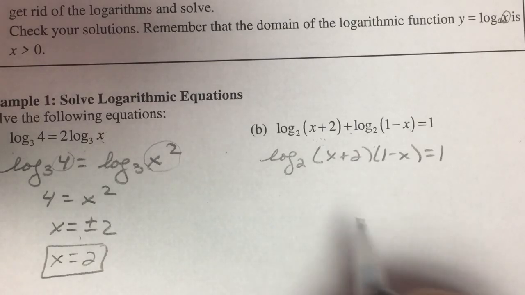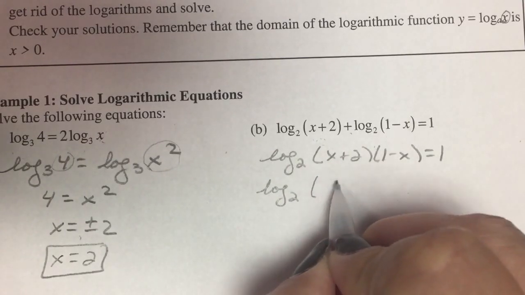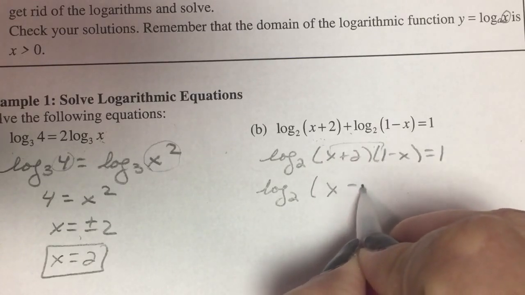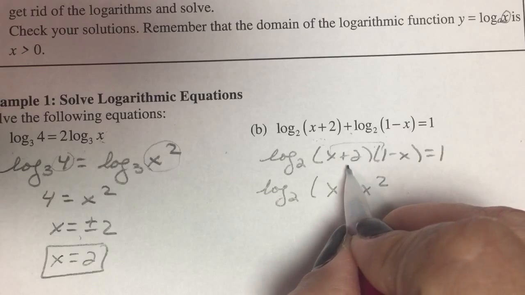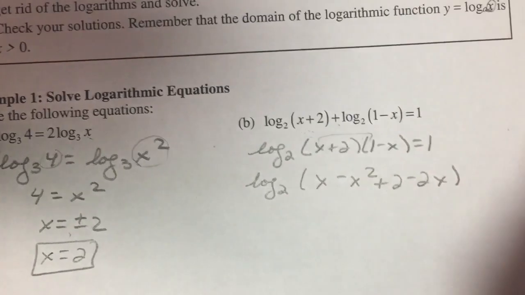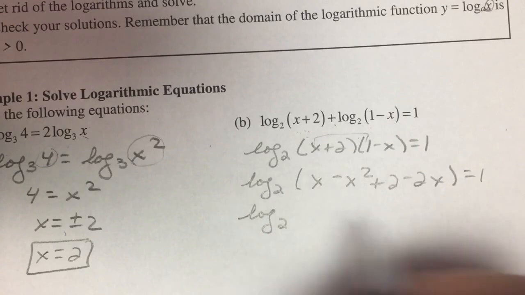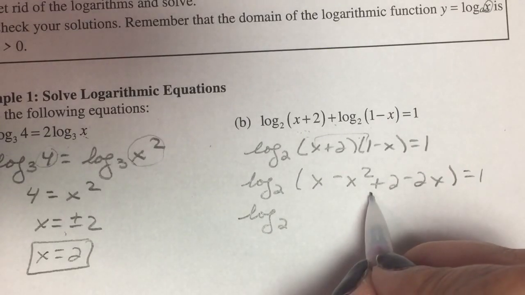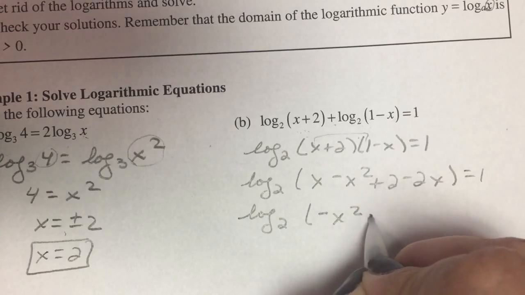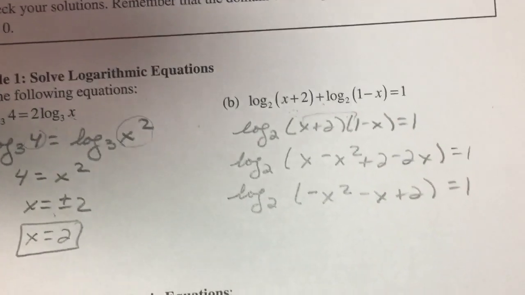So now let's go ahead and multiply these out. So we would get log base 2. If I were to FOIL these out, I'm going to have negative x squared, 2, and minus 2x. And then if I combine my like terms, I'm going to have negative x squared minus x plus 2 is equal to 1.